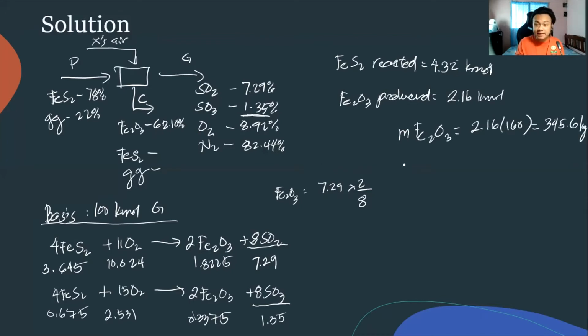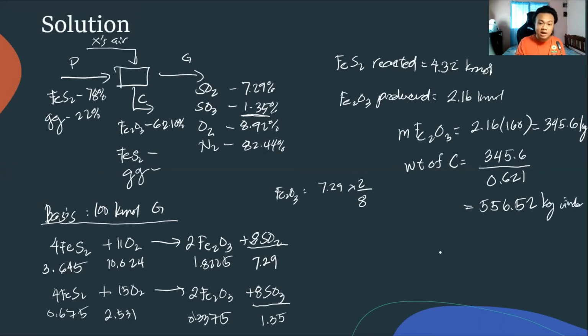And now you can get the weight of your cinder. Just divide that by 0.621. You have the weight of your cinder to be 556.52 kilograms. Okay, so you have that.